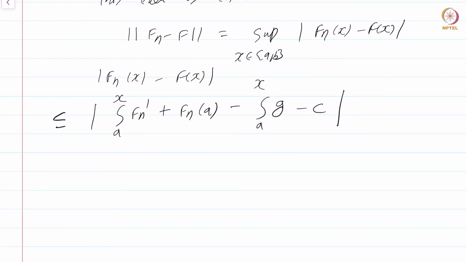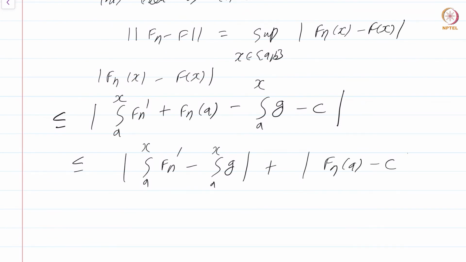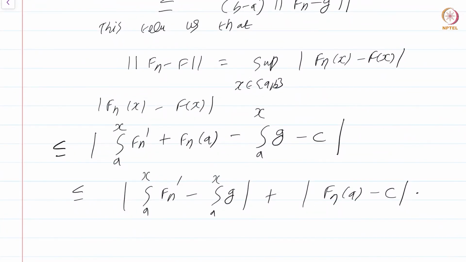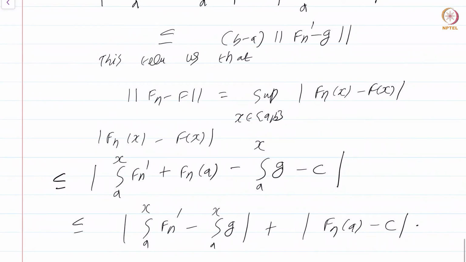Fine, but this is less than or equal to, by triangle inequality, the mod of the integral from a to x of f_n prime minus the integral from a to x of g, plus mod f_n(a) minus c. Okay, and we just saw now that the first term is less than or equal to (b minus a) times the norm of f_n prime minus g.